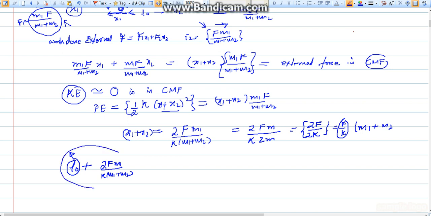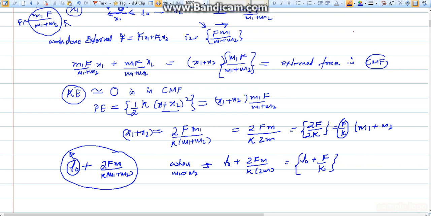This is the general formula, and in the special case when m1 is equal to m2, we get L0 plus twice F m upon k twice m, which is L0 plus F upon k.